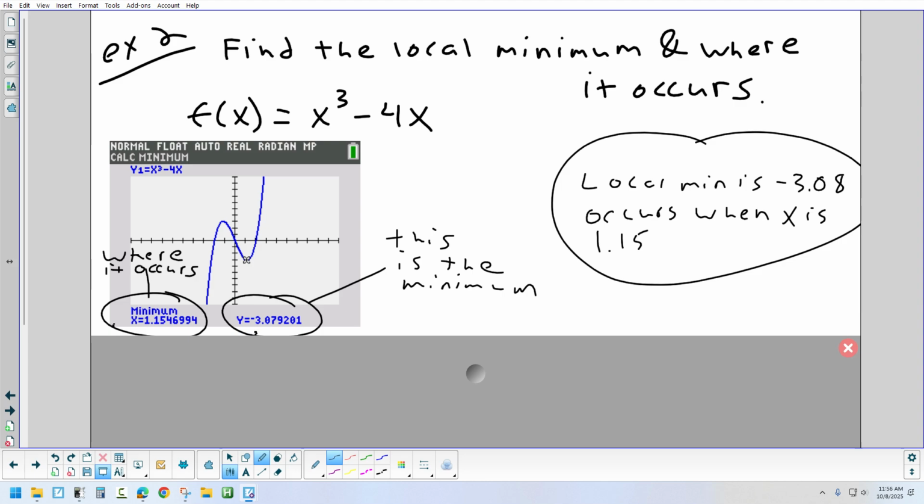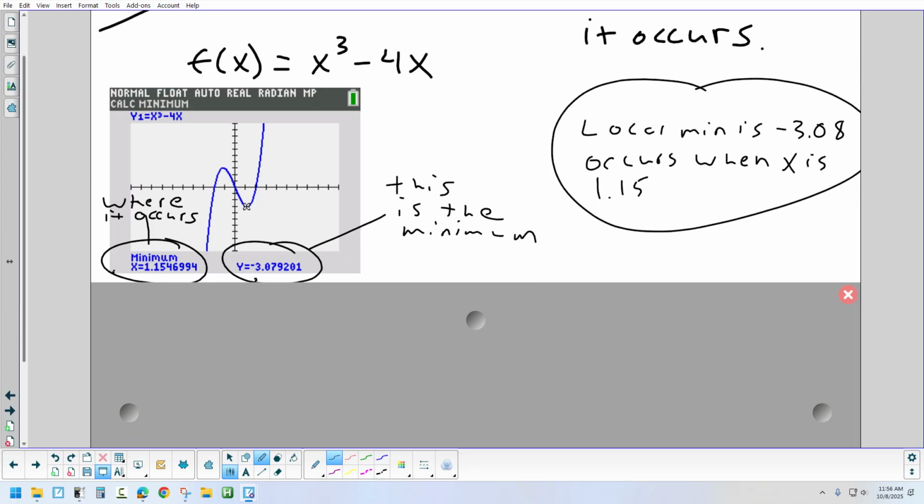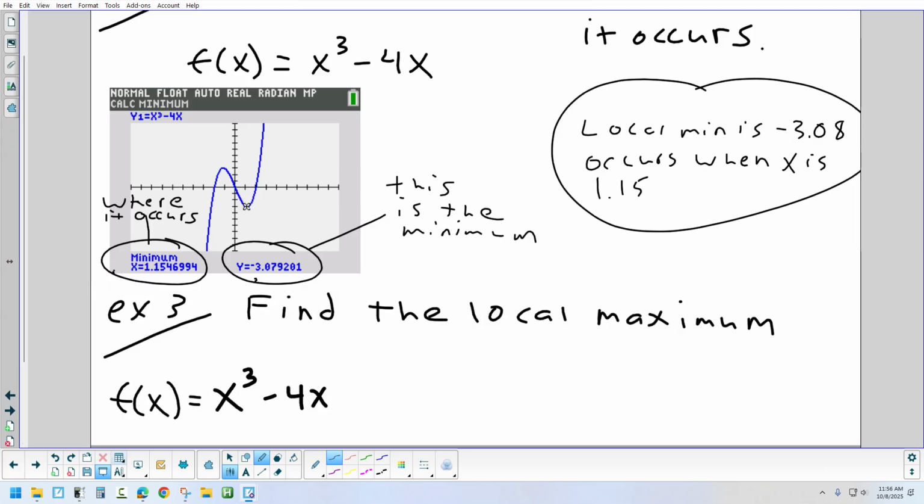So any question on how you find a local minimum or a local maximum? It's all on the calculator. It's the same thing.